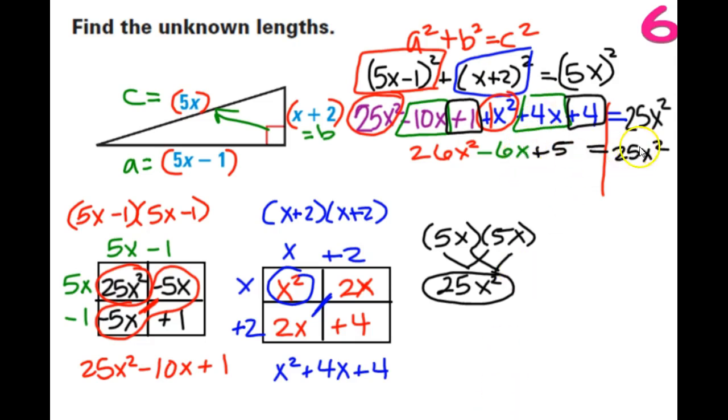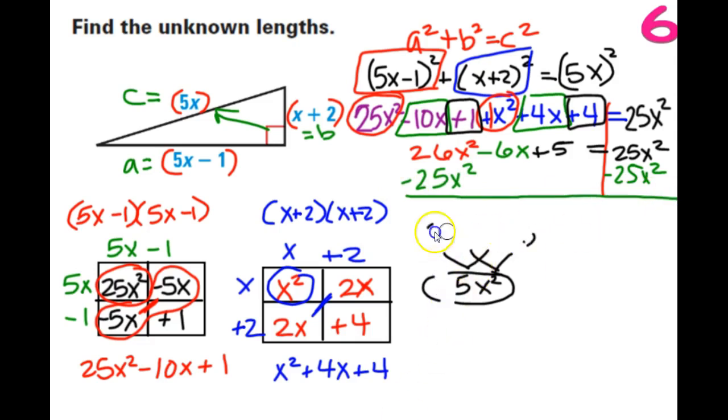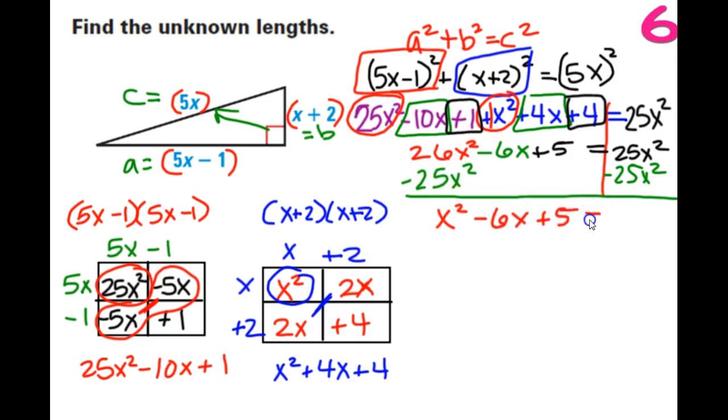So we actually need all the x squareds together, so I'm going to subtract this 25x squared over to the other side. I'm going to erase this part here. So we have 26x squared minus 25x squared, that gives us 1x squared, or just x squared, minus 6x plus 5 equal to 0.